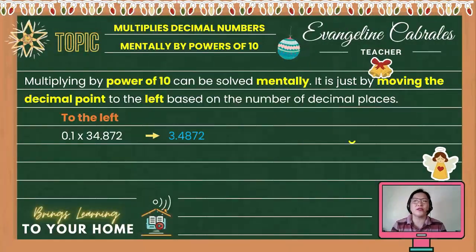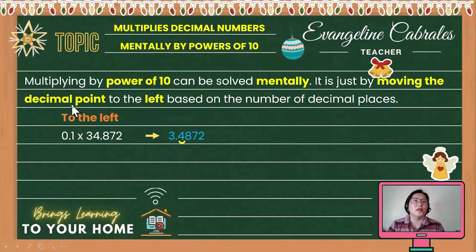Let's proceed to the second rule. Multiplying by power of 10 can be solved mentally. It is just by moving the decimal point to the left based on the number of decimal places. Papunta naman daw sa kaliwa ang pag-uusod ng decimal point.